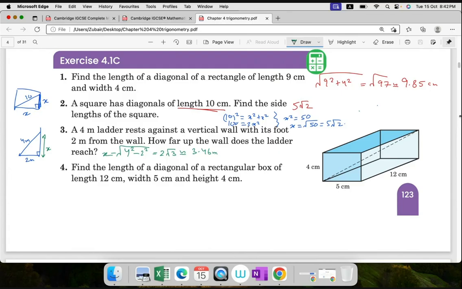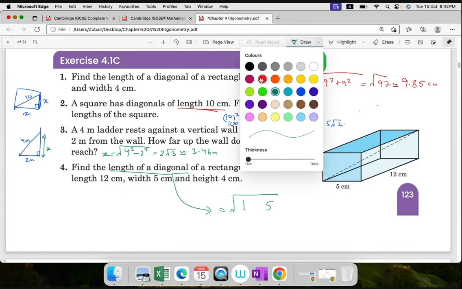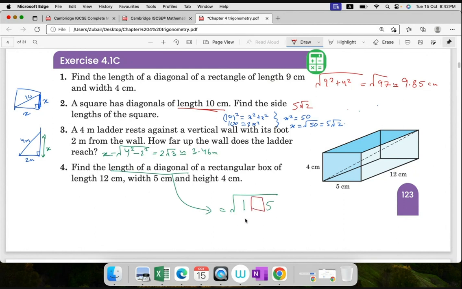Okay. 13.6 centimeters. 13.6 is correct.